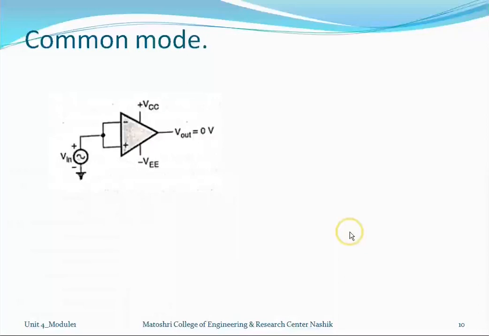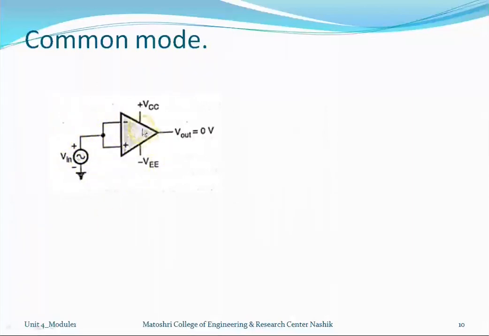Then the third mode is the common mode. As the name indicates, the common signal is applied on both input terminals of the operational amplifier, with the same magnitude and without any phase difference. The same common signal is applied on both input terminals.